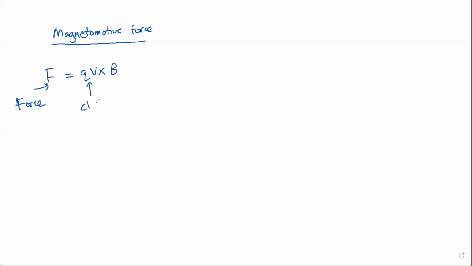The Q denotes the charge that we consider at a certain time, and V denotes the velocity of the charge. And then B denotes the magnetic field, the magnetic flux density, as we defined previously.